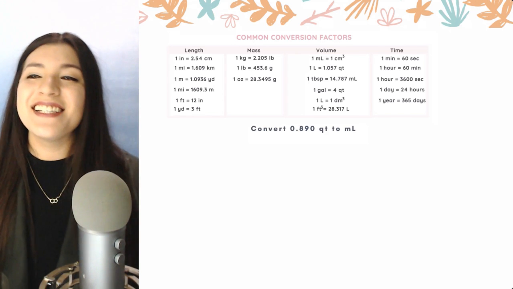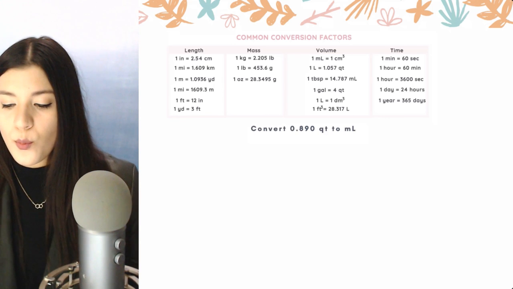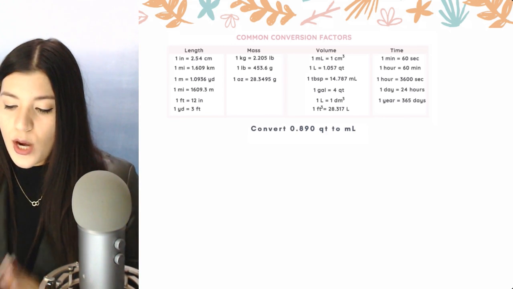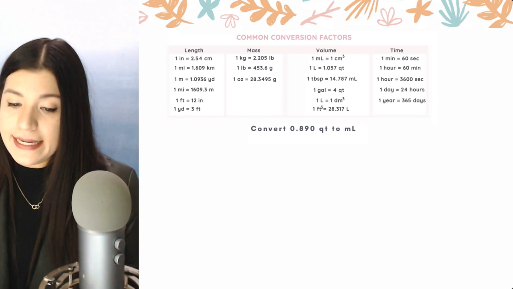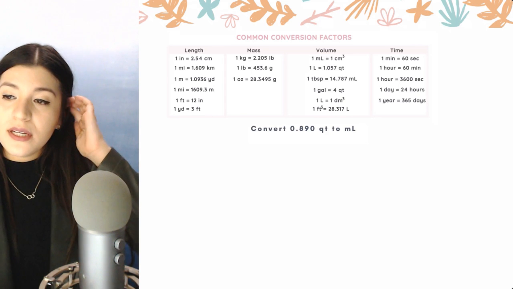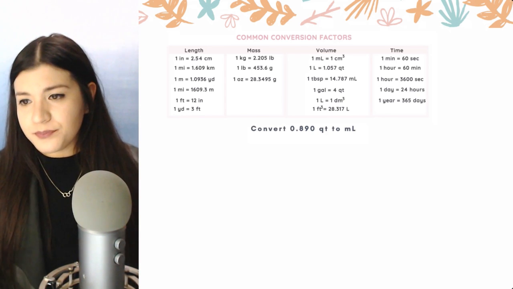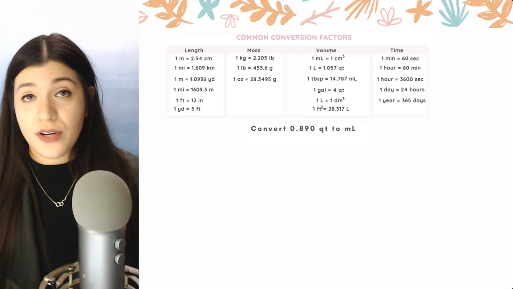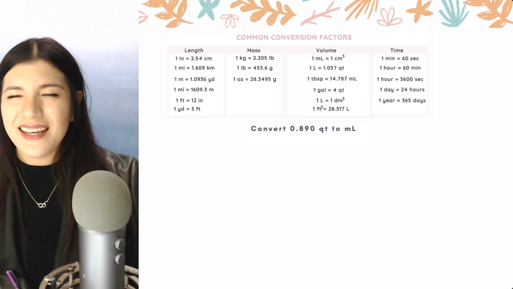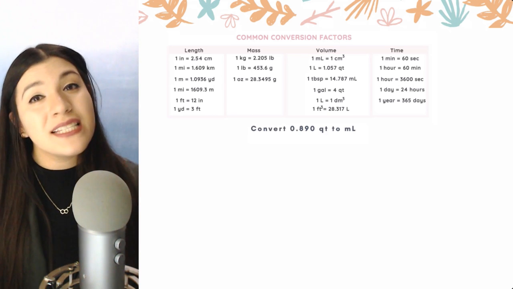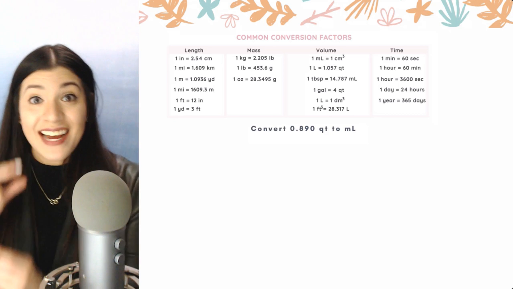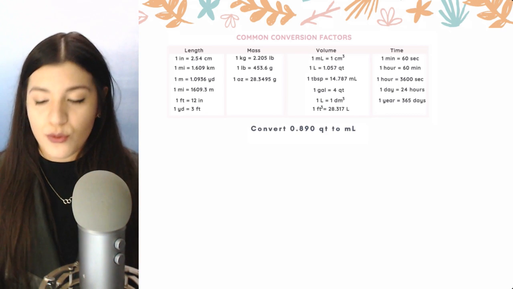All right, so let's try out this question, and we're going to use our common conversion factors, and we're asked to convert 0.890 quarts to milliliters. Okay, so here, this is what we're going to have to figure out. We have to figure out what conversion factor we are going to use? And I think that tends to be the hardest step sometimes because you don't know how to connect everything and then get to the final result.